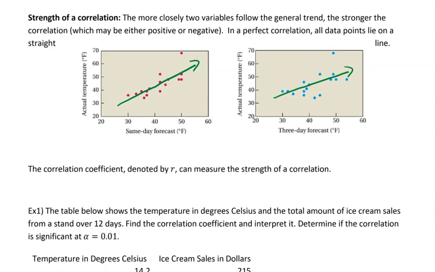So in this case, on the left, we would tend to say that that has a strong correlation. And on the right, if they're spread out like that, we tend to say that's a weak correlation.